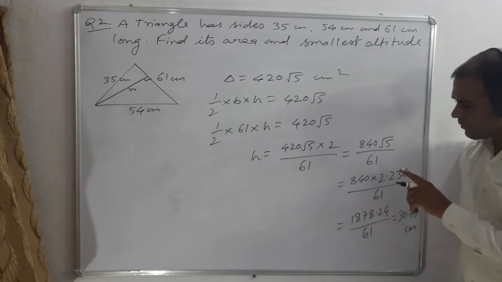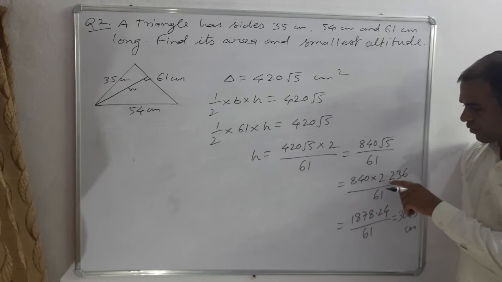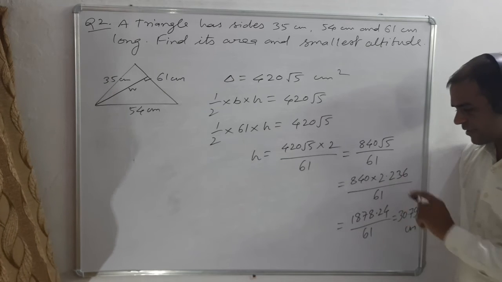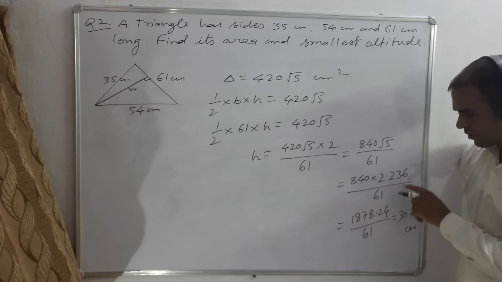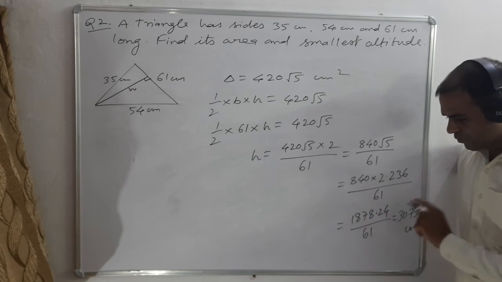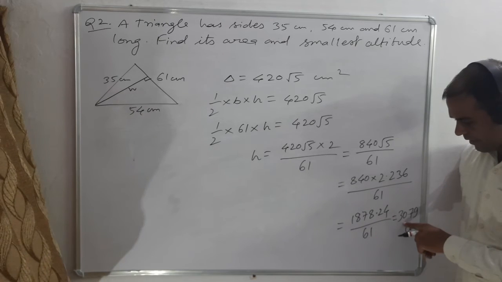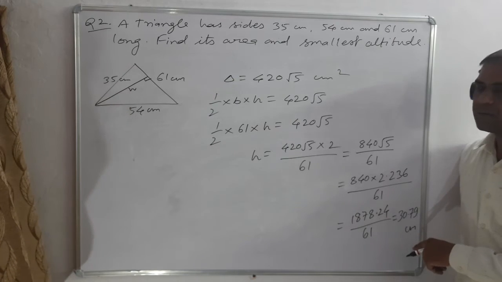In this step we will put the value of root 5, and 840 into the value of root 5, which is 2.236, divided by 61. So we will multiply 840 into 2.236. Its product is 1878.24, and it is divided by 61. We will get 30.79 centimeter.